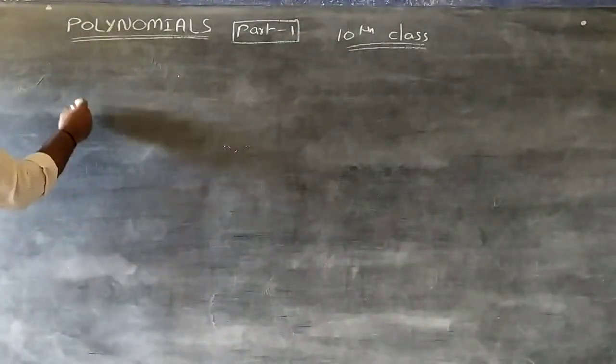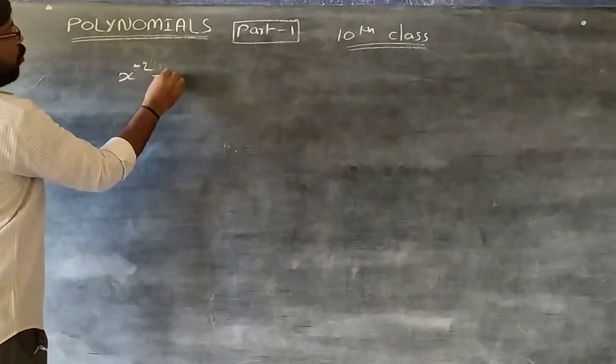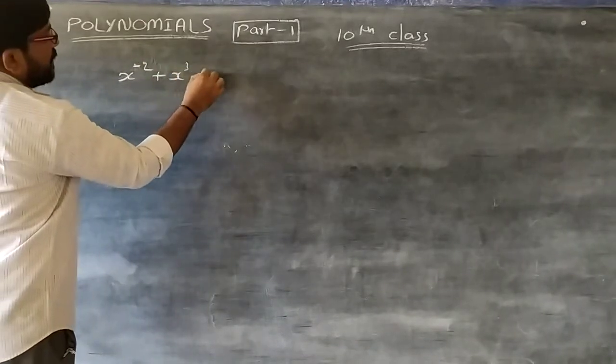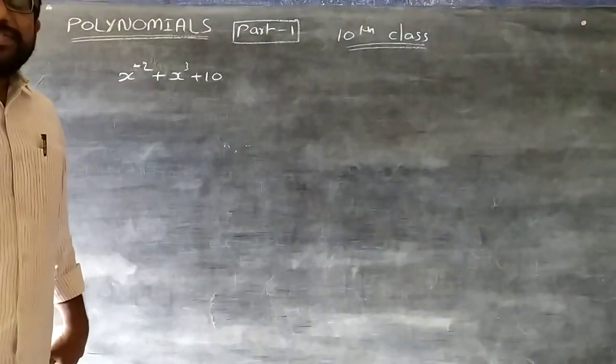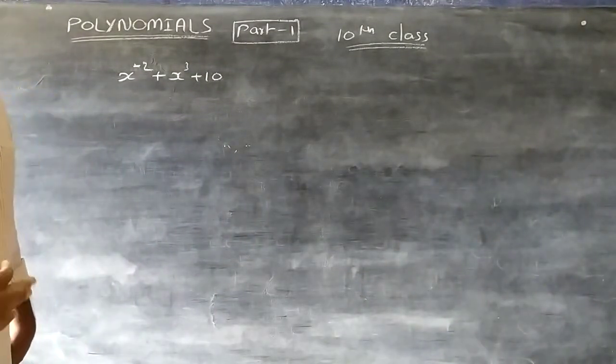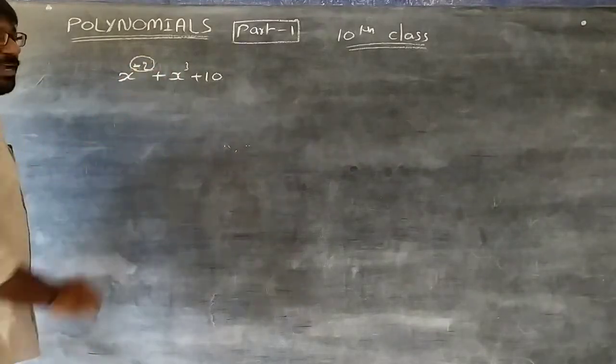And some more examples. x power minus 2 plus x cube plus 10. Observe carefully. Is it a polynomial? It is not a polynomial. Why? Because here the variable power is a negative integer.